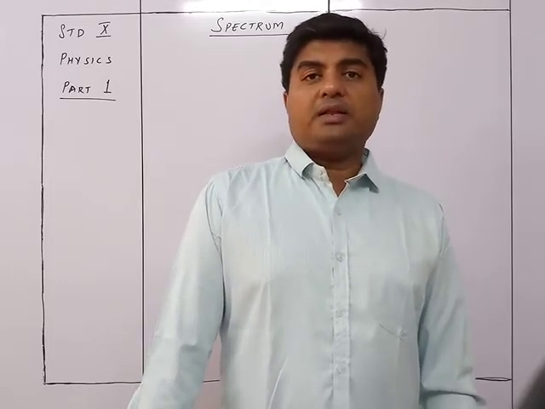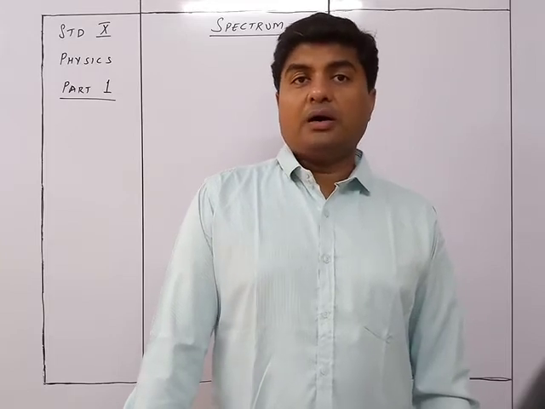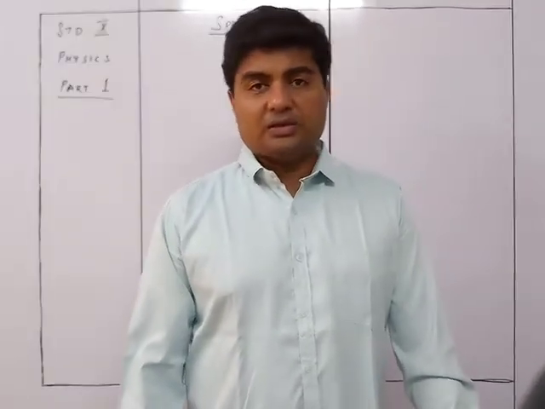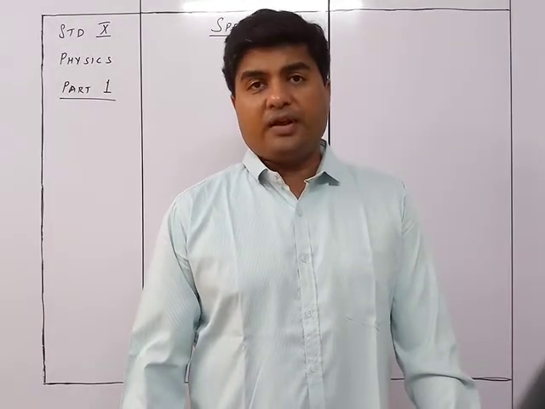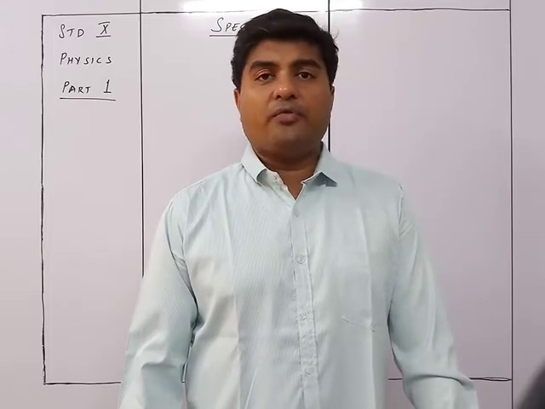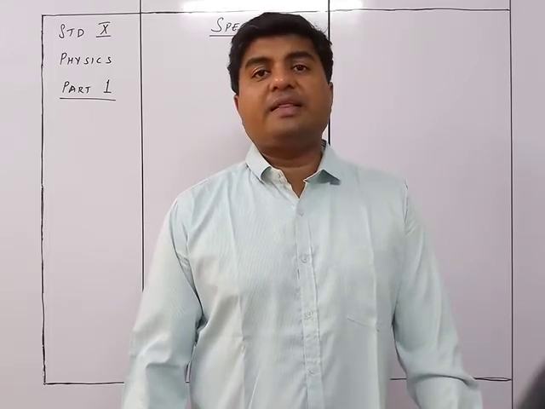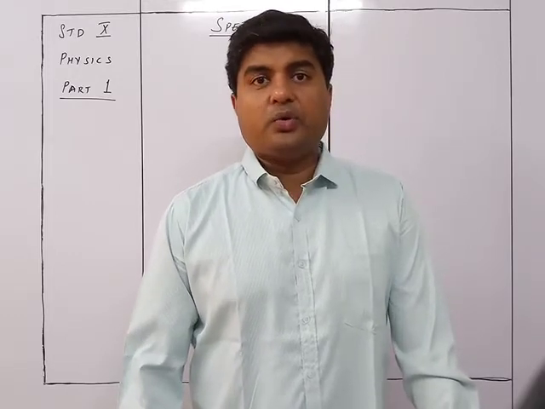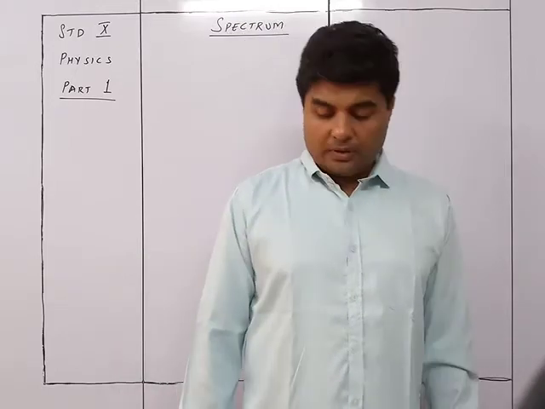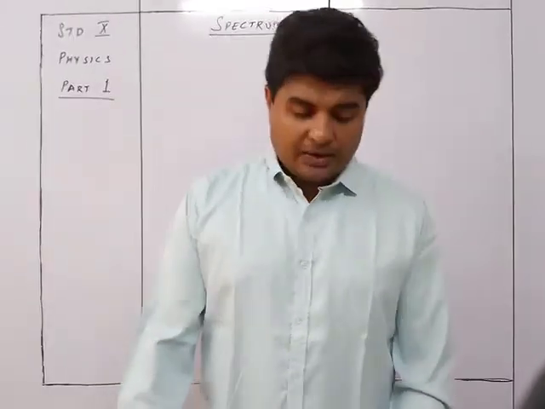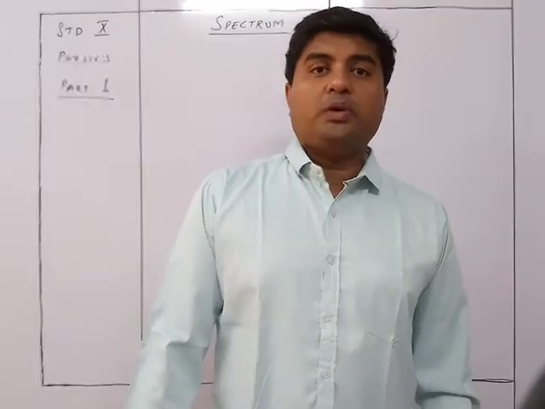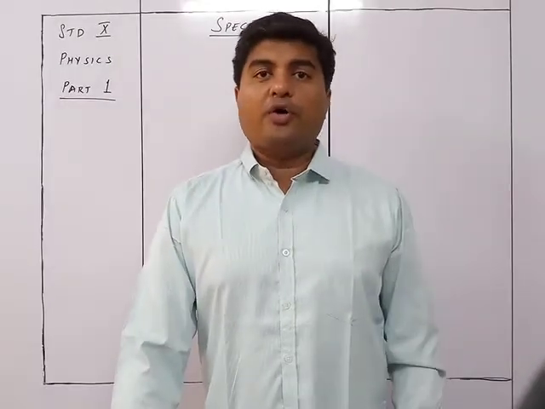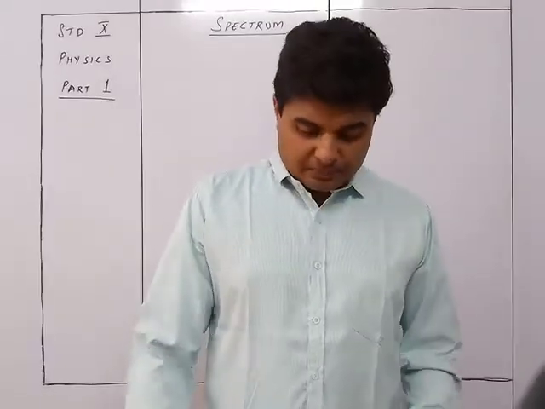Now we will see how a polychromatic light, that means a light which is made up of multiple colors, deviates, how each and every color present in that light deviates, and what the end result is due to the different deviation of the light. And yes, we know very well that we get the 7 colors split into a band of colors, which is nothing but the spectrum.